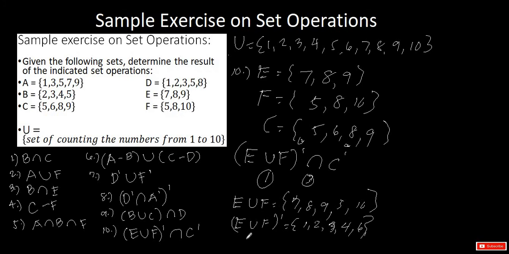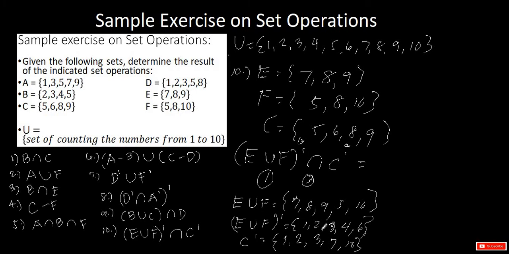Then next, let's determine the elements of the complement of set C. We have 1, 2, 3, 7, and 10. Then we can now determine the final result of the operation by performing step 3, intersection.